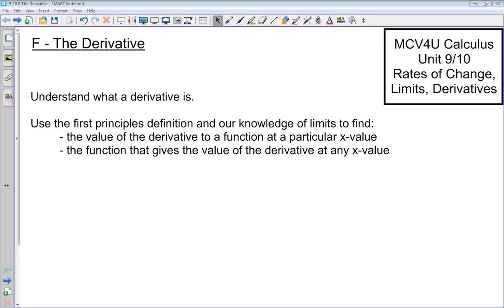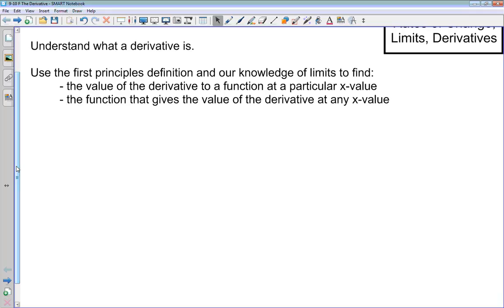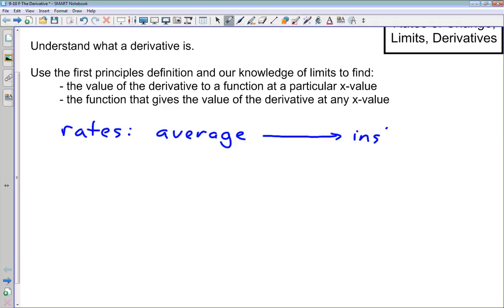So let's just take a little recap of what we have been doing in Unit 910. We started with rates of change. We talked about the average rate of change, and then we used the average rate of change to figure out what the instantaneous rate of change was.